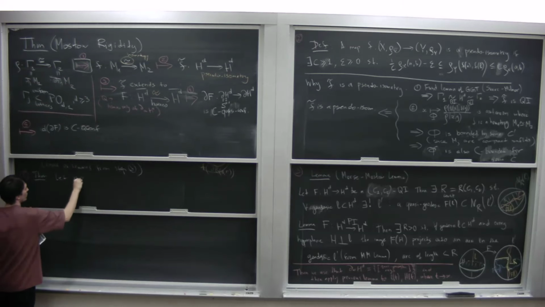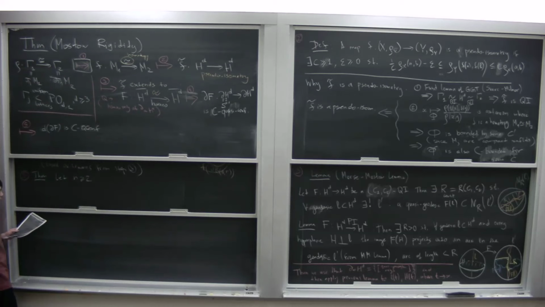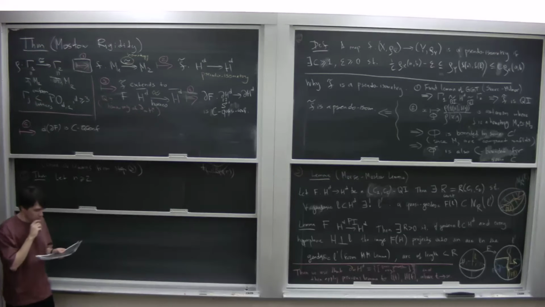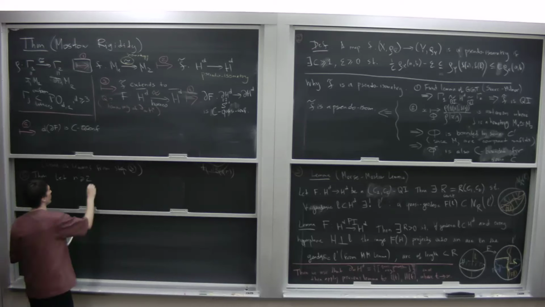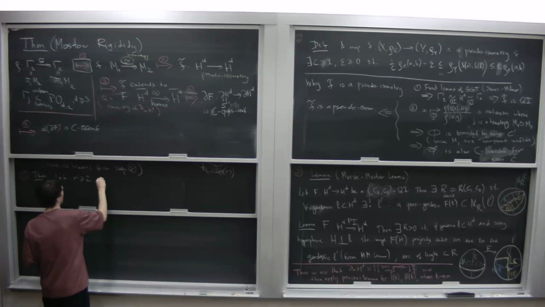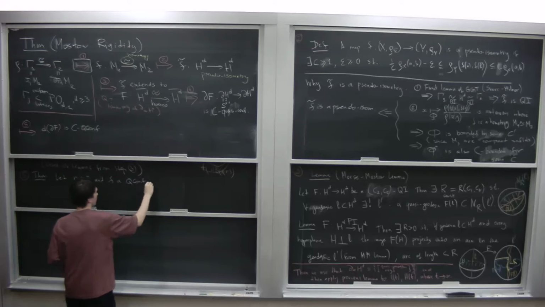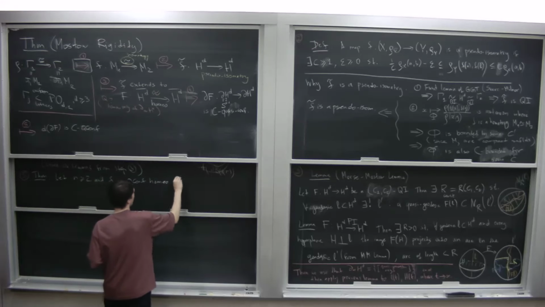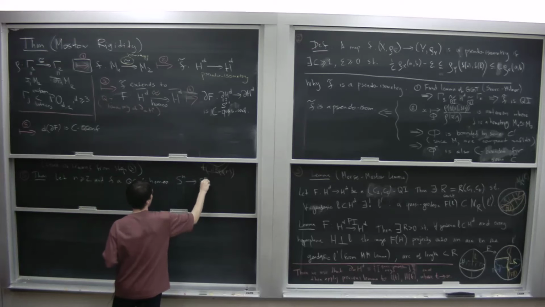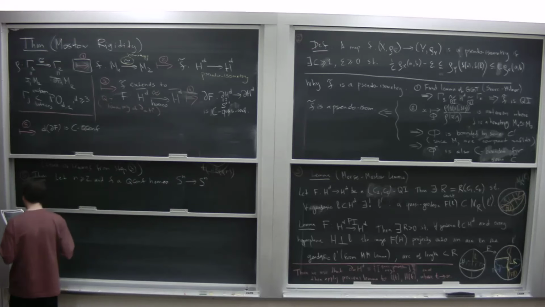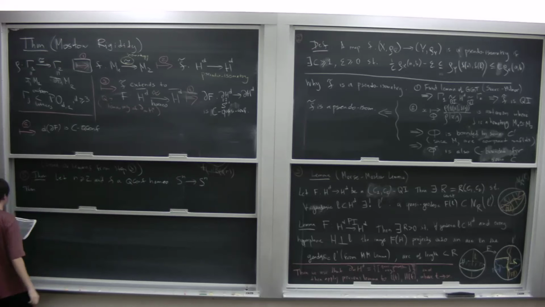Let n be greater or equal than 2, and let F be a quasi-conformal homeomorphism from Sn to Sn. Then F is differentiable almost everywhere.